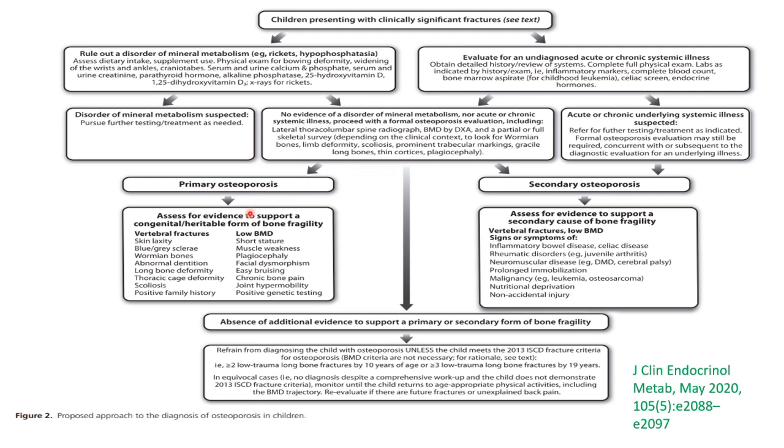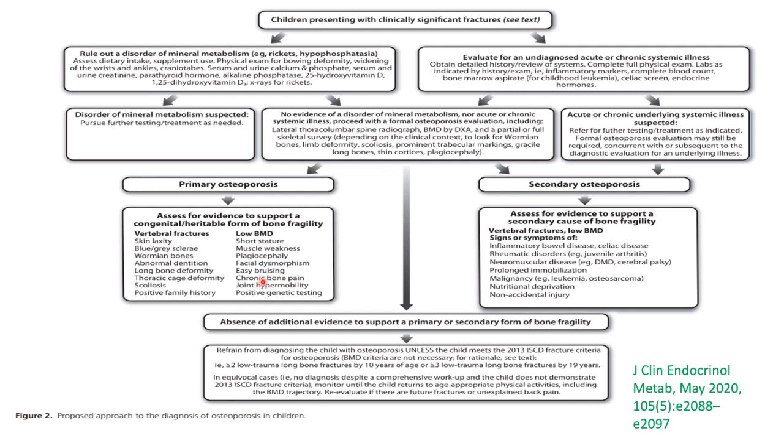If this is a primary osteoporosis, look for other factors also, to support a congenital heritable form of bone fragility, that is vertebral fractures, skin laxity, blue or gray sclera, Wormian bones, abnormal dentition, long bone deformity, thoracic cage deformity, scoliosis, positive family history. Low BMD also needs to be asked for short stature, muscle weakness.